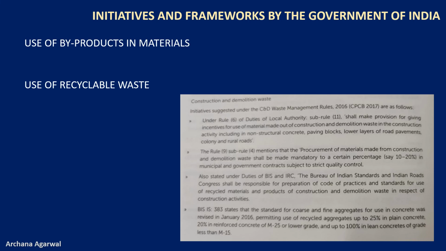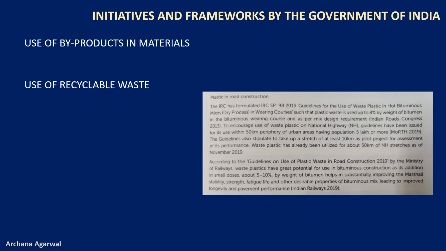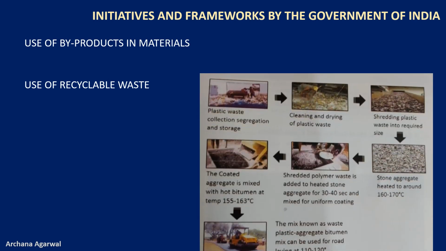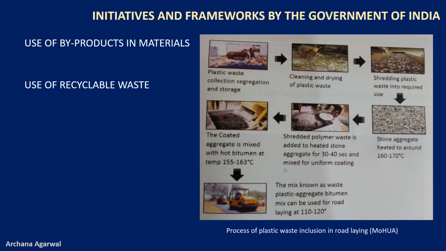Recycled aggregates would be permitted up to 25% in plain concrete, 20% in reinforced concrete of M25 or lower grade, and up to 100% in lean concretes of grade less than M15. The Ministry of Railways has formulated guidelines for the use of waste plastic in roads and highway constructions.